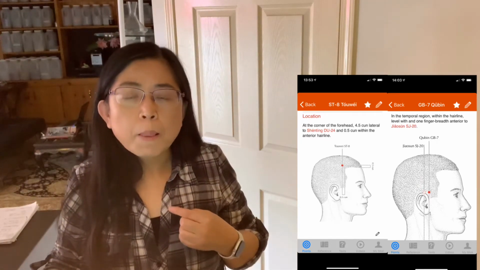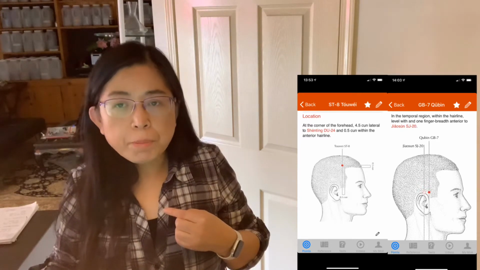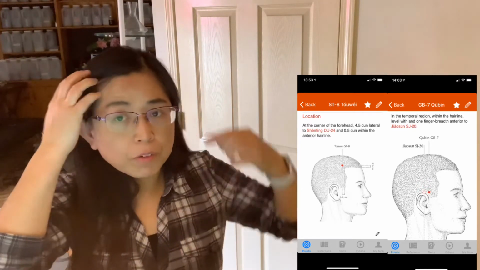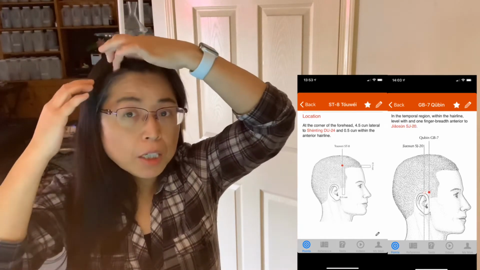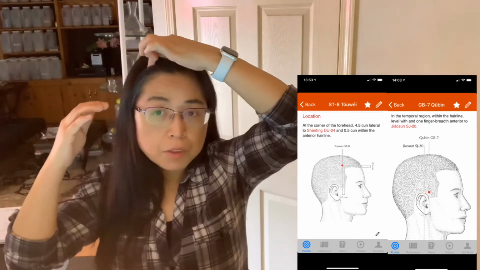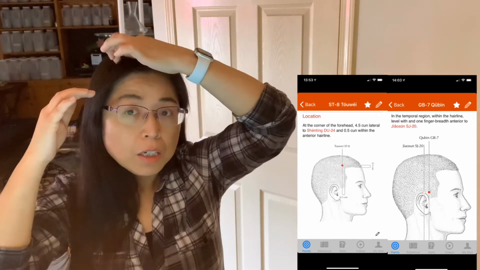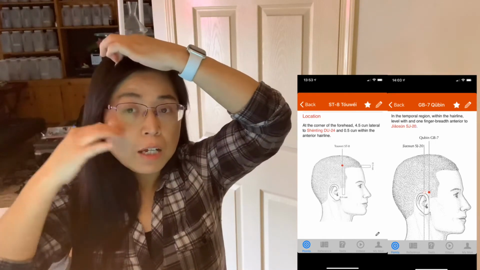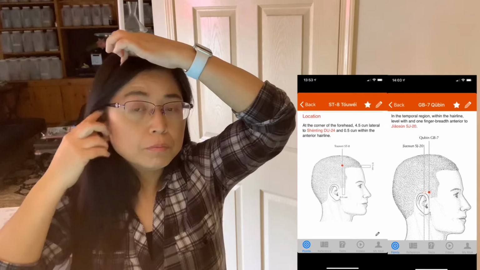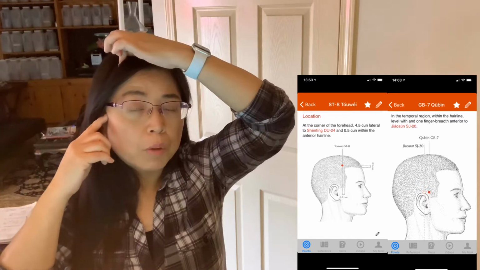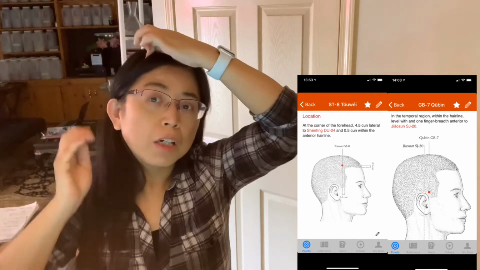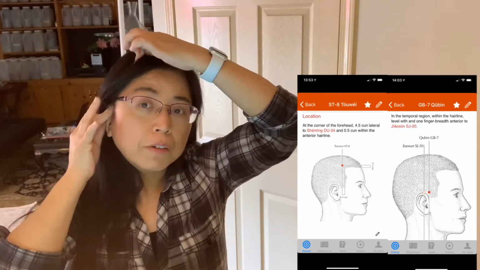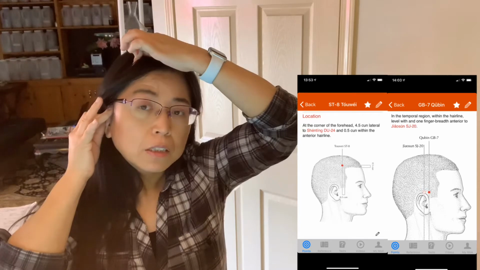And some other people have a straight line, from the edge, which is 1 centimeter within the hairline, at the corner of the hairline, to 1 finger breadth anterior of the apex of the ear.